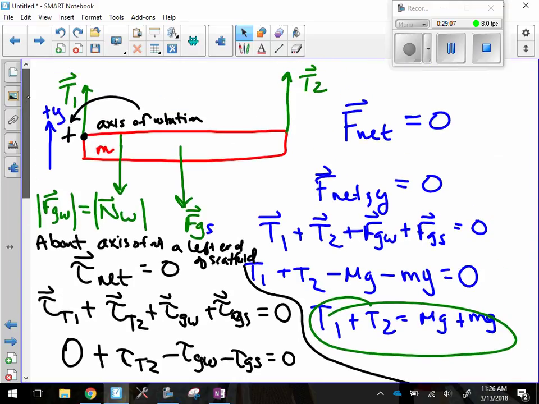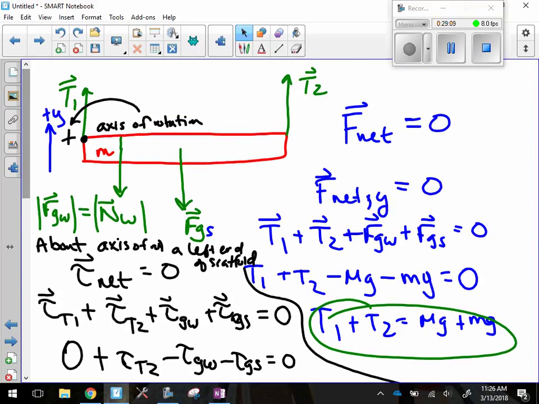Another thing, if I had instead put my axis of rotation over here, what would have happened? Well, the torque due to T2 would have been equal to 0. And what would I have ended up solving for?